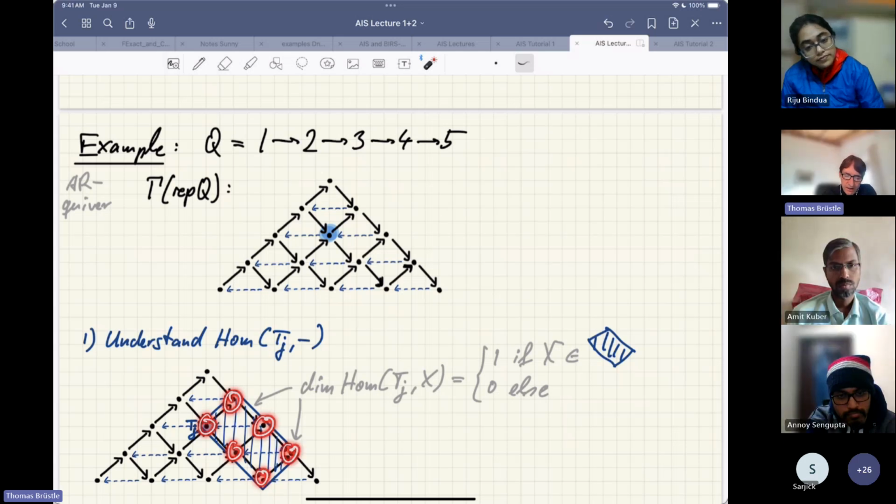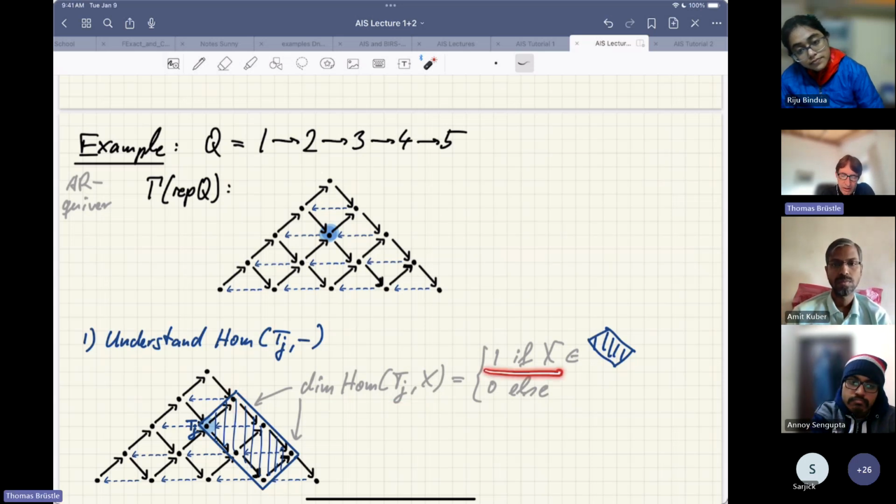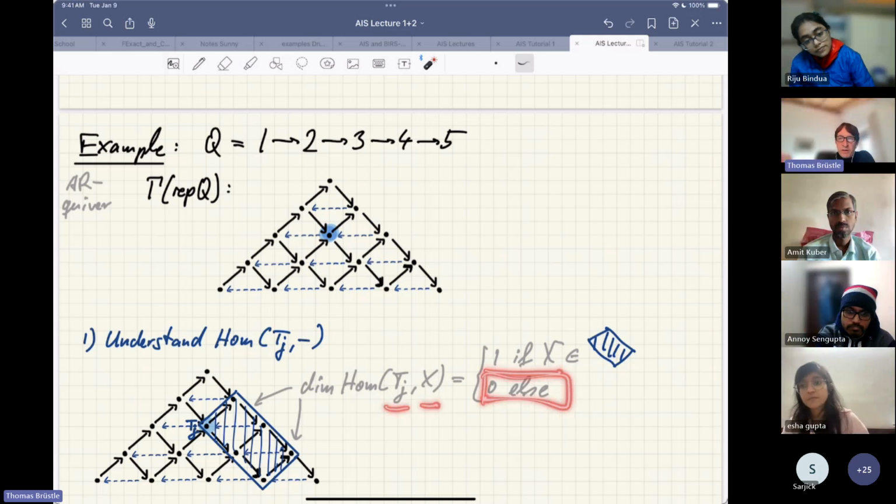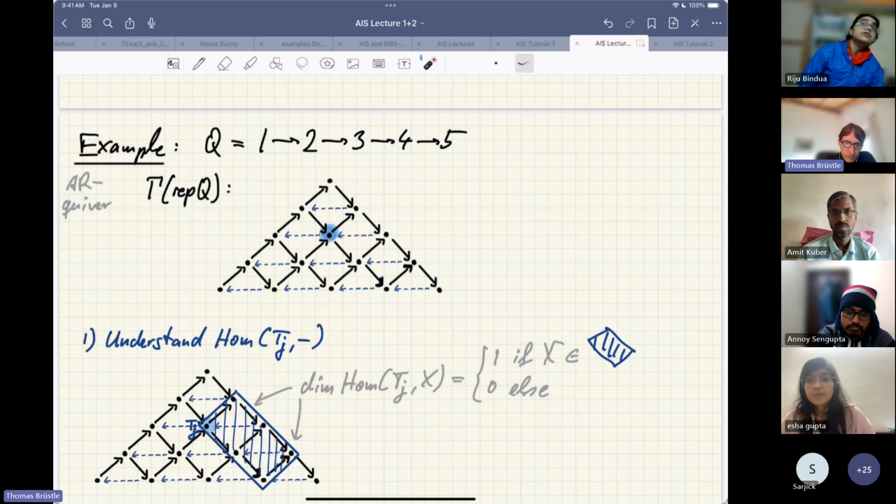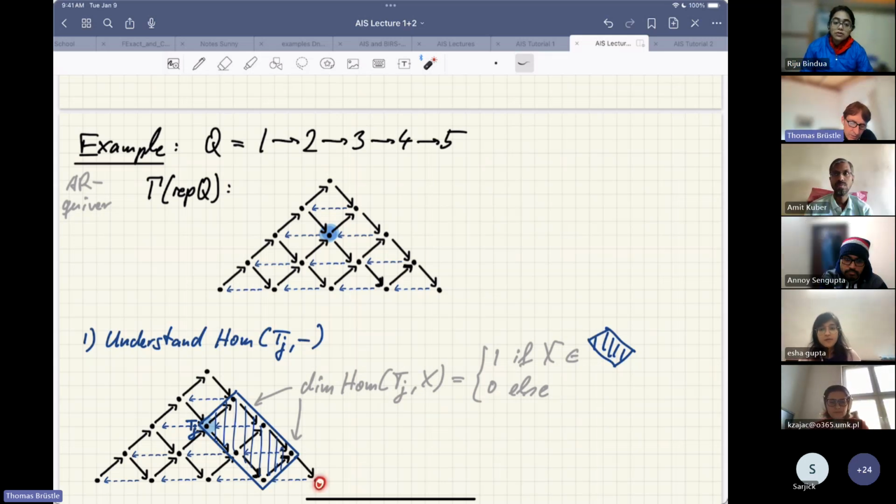So these are exactly the objects X where there's a one-dimensional morphism space from Tj into X, and everywhere else there are no morphisms. So this is the picture. Why is there no morphism down here? The morphism would factor through this one, but if I factor through such a relation here, this is a zero relation, so there is no morphism between these two.